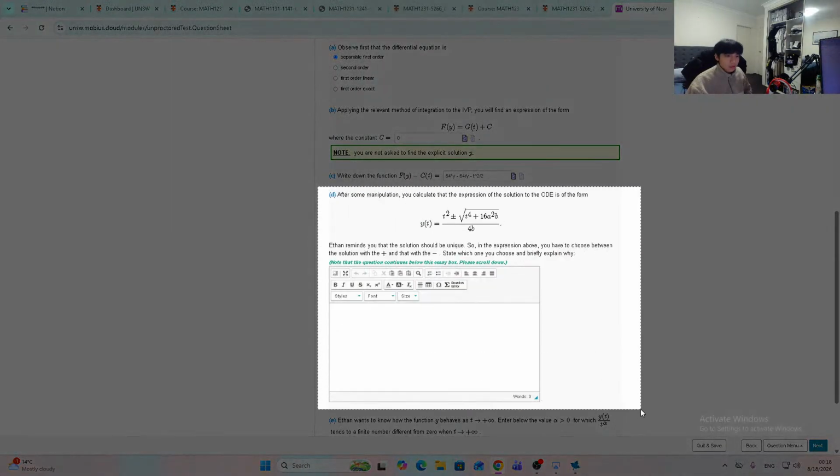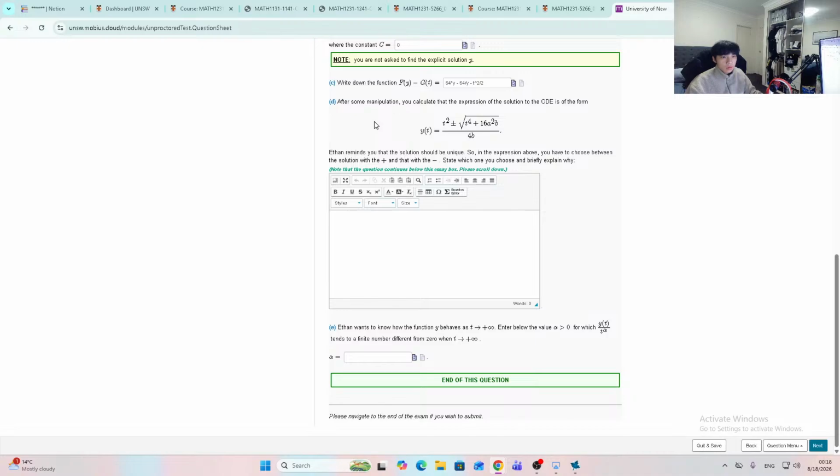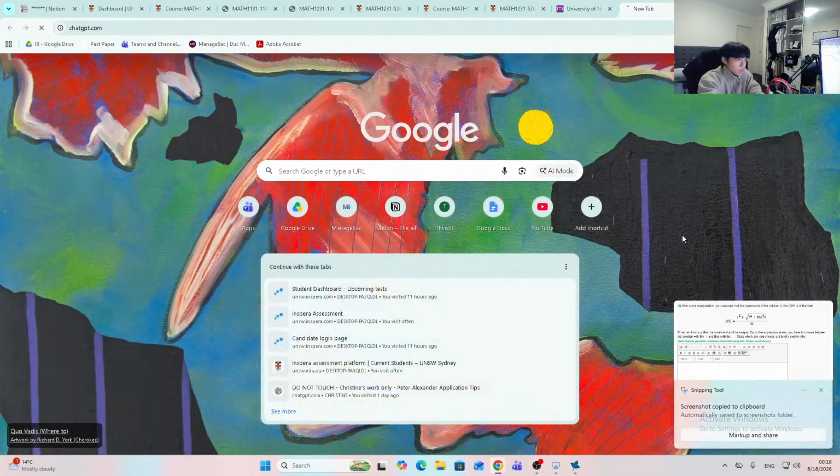Probably something about positive discriminant, or discriminant equals exactly 0. Function y behaves as t goes to positive infinity.